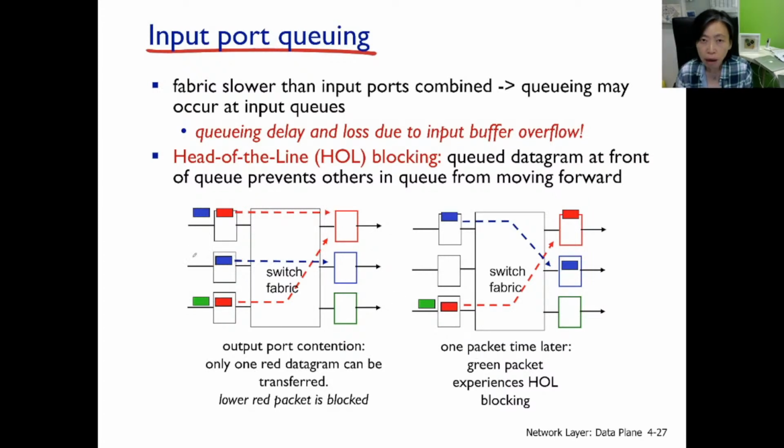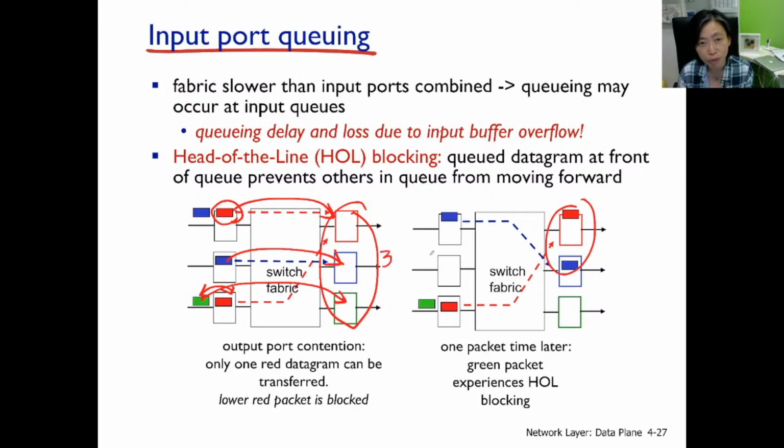But if you consider this case where the green packet is at the front and the red packet is in the back, then one packet time later, the red packet, blue packet, as well as the green packet, all three of them move to the output port. So instead of receiving only two, we could have three packets through. Isn't that better? Yes.